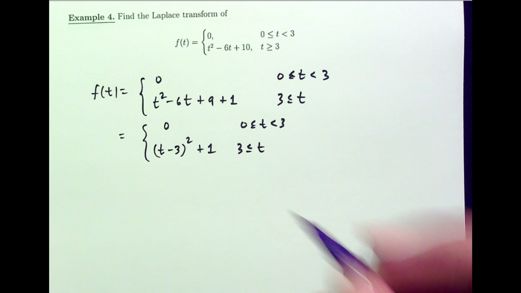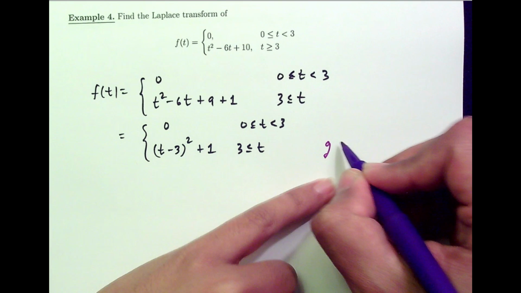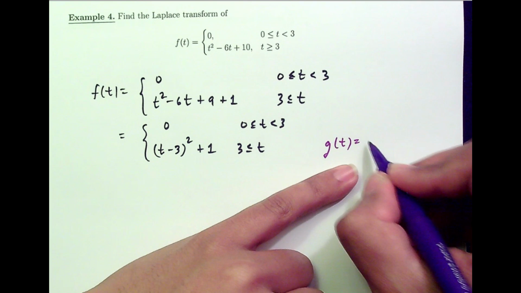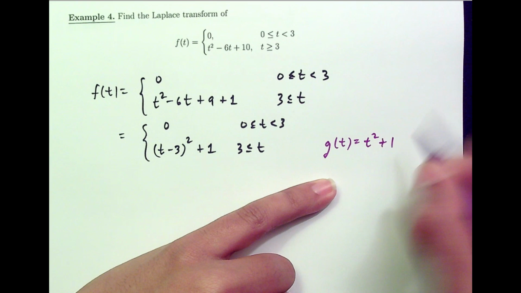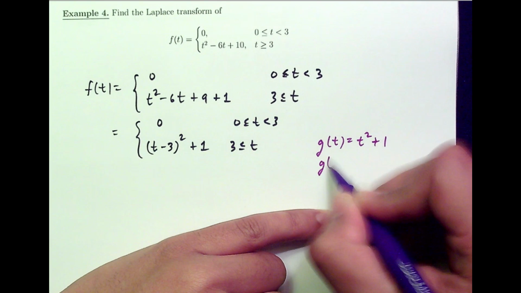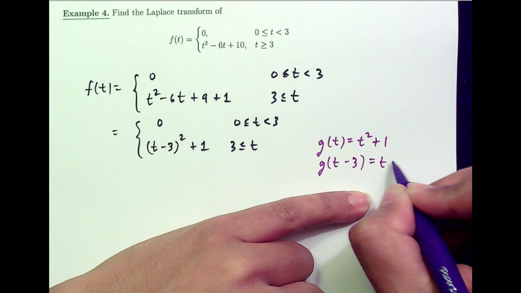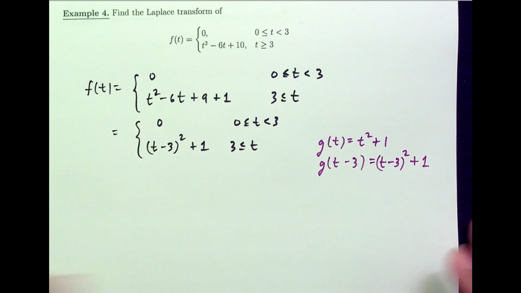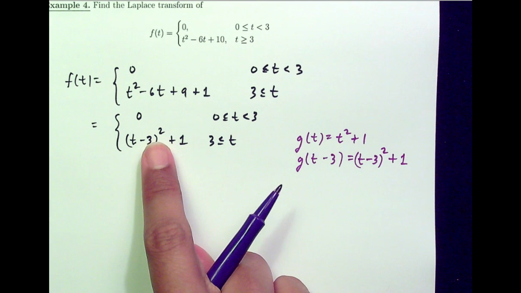So what is it? This is a translation of the function t squared plus 1, and it's translated by 3. So this is t minus 3 squared plus 1, right? If I start out with the function t squared plus 1, I'm ignoring the translation.